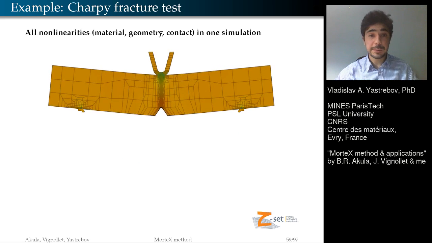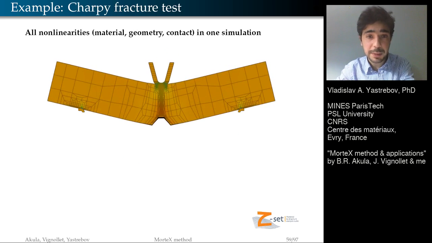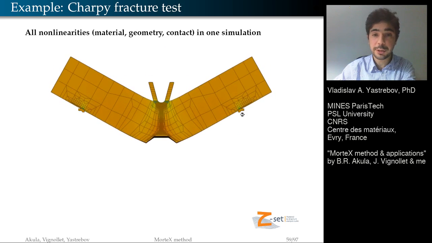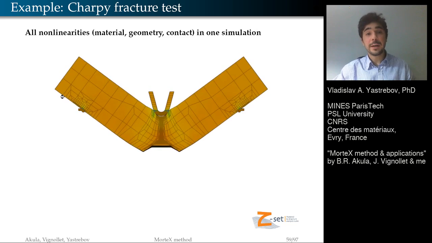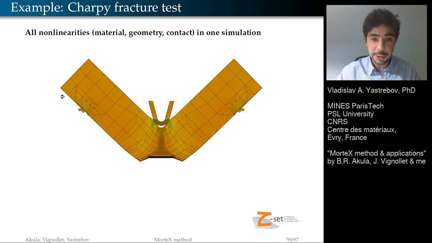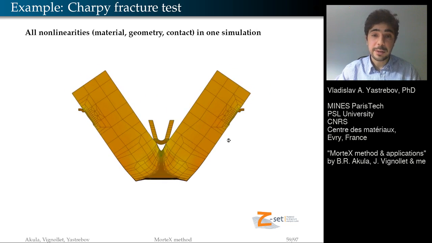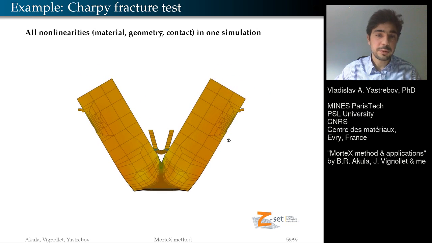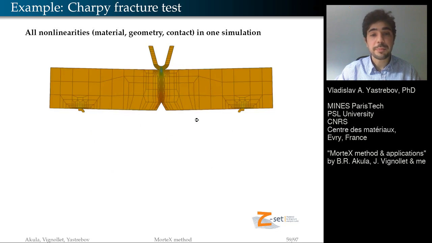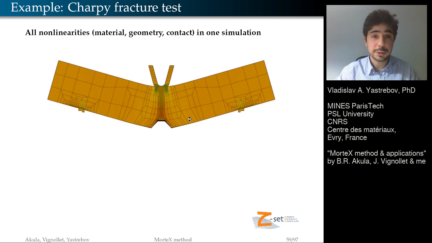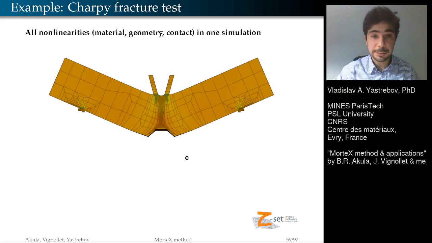The next example is a much more tricky one. It's an Eshelby fracture test in which we have contact here, here, and here. Here we combine strongly nonlinear materials, a GTN model in the interface and a viscoelastoplastic model elsewhere, and you have large deformations, contact, and strong material nonlinearities.